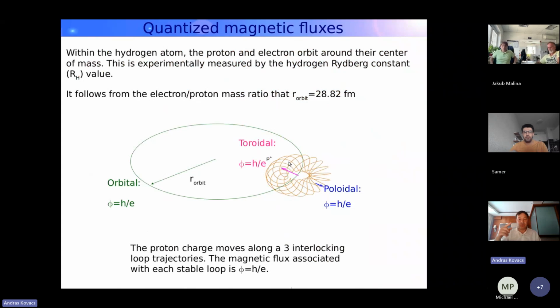You can say circle over circle over circle. You have the poloidal Zitterbewegung loop, you have the toroidal Zitterbewegung loop, and then the electron and proton move around their shared center of mass. So you have also this Bohr orbital loop.